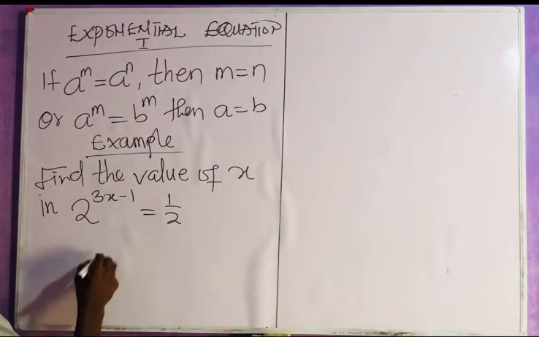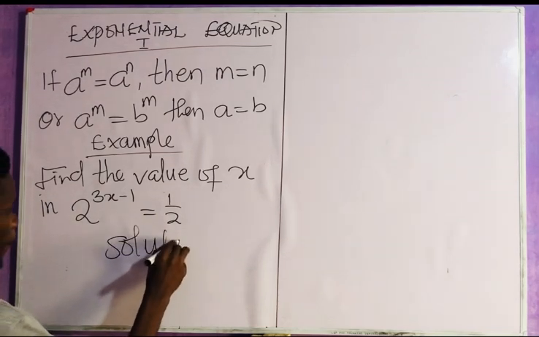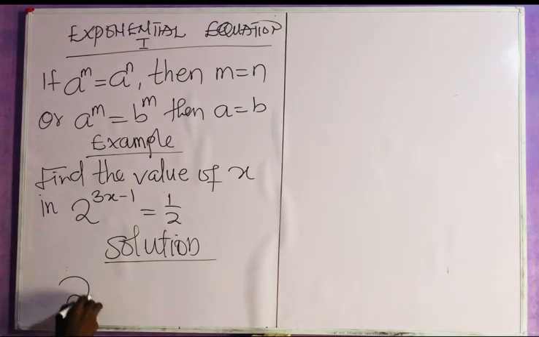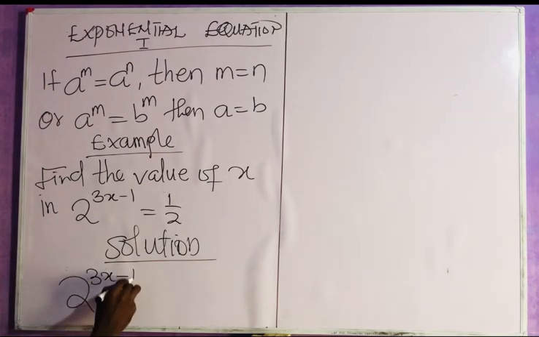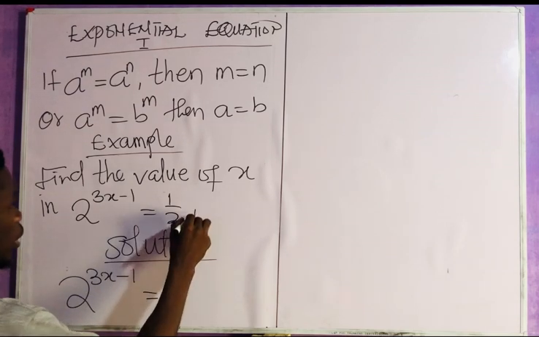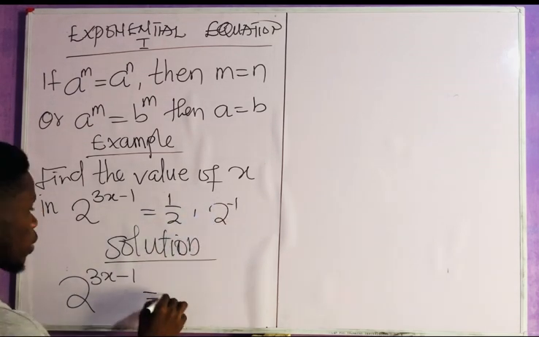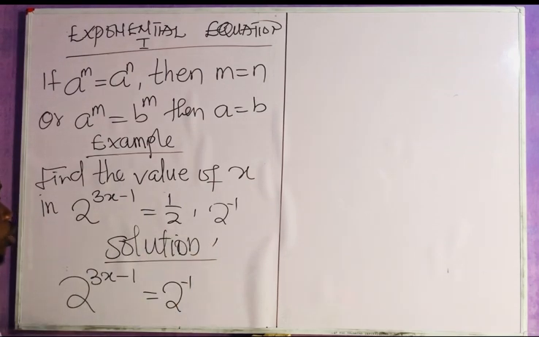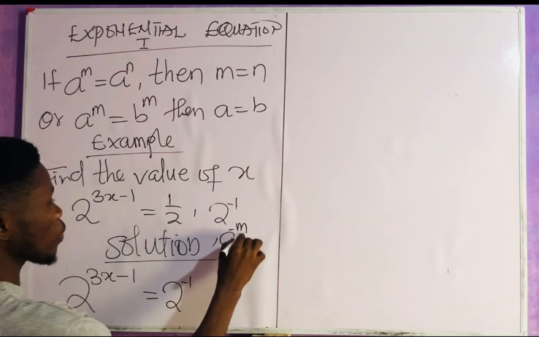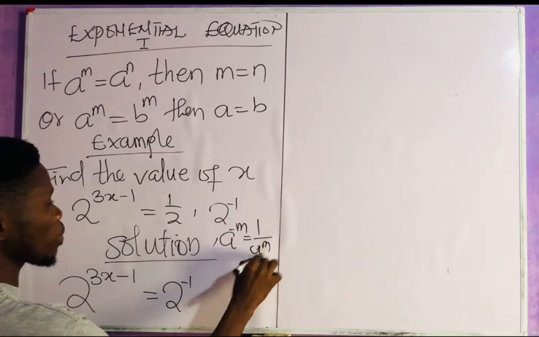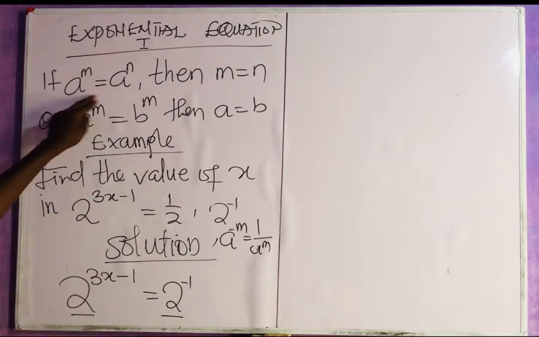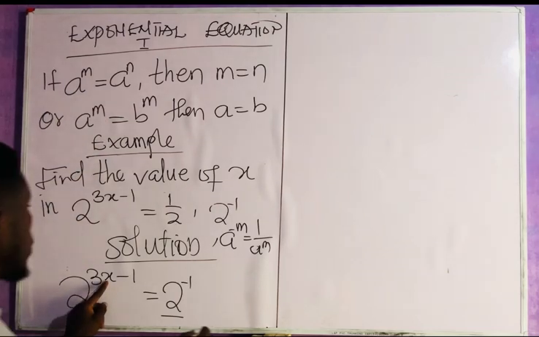So this question: 2 to the power 3x minus 1 equals, this one can be written as 2 to the power negative 1, because one of the laws says that a to the power negative m is the same as 1 over a to the power m. So you can see that the bases are the same. Since this and that are the same, we equate the powers.